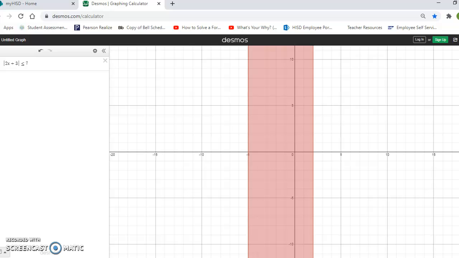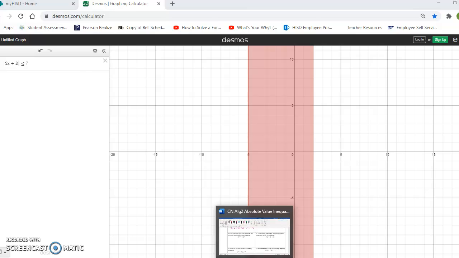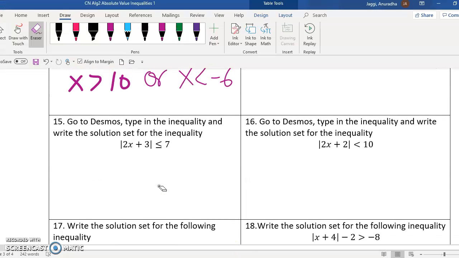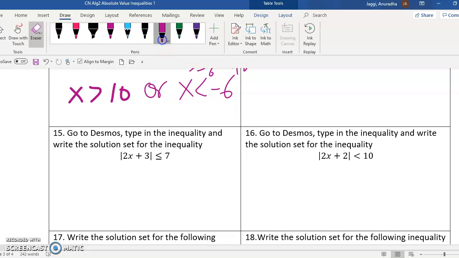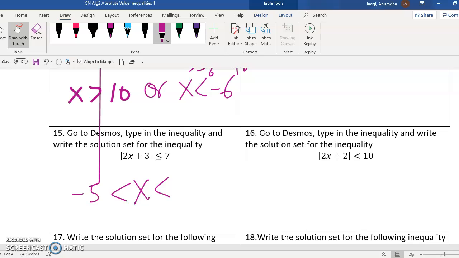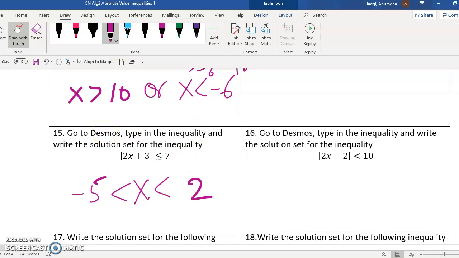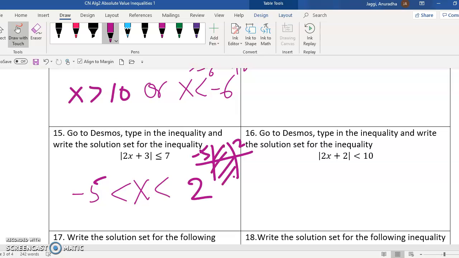So that is what we're going to write: x lies between -5 and +2. Okay, so that is the answer to this one, and your solution region looks like this.